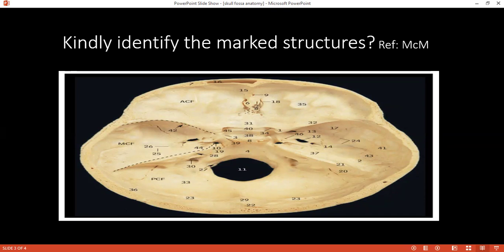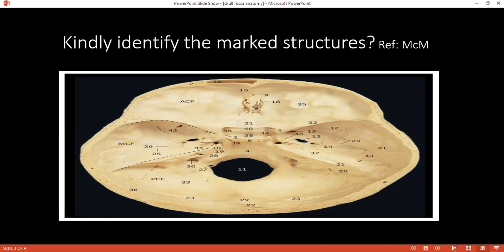Good. Right. What passes through here? Number 5. Olfactory nerve, olfactory bulb. And olfactory nerve. All right.